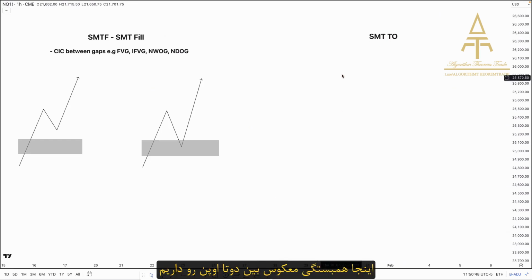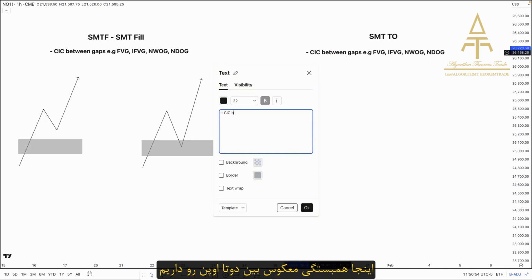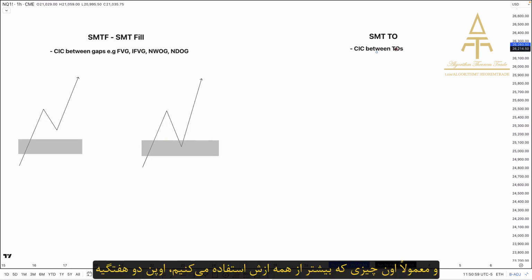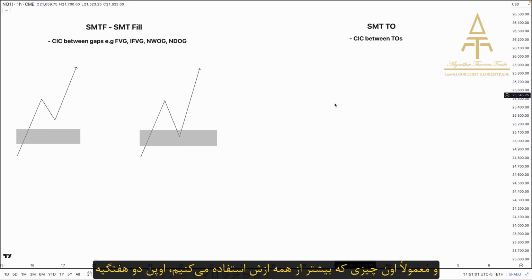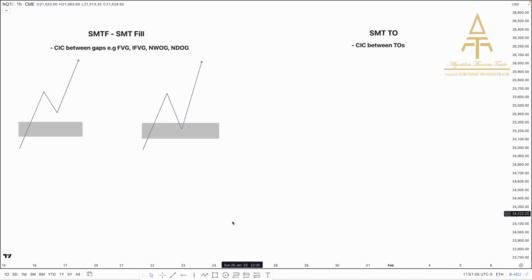This is a cracking correlation between true opens. And the one that we will probably be using the most will be between the true week open.